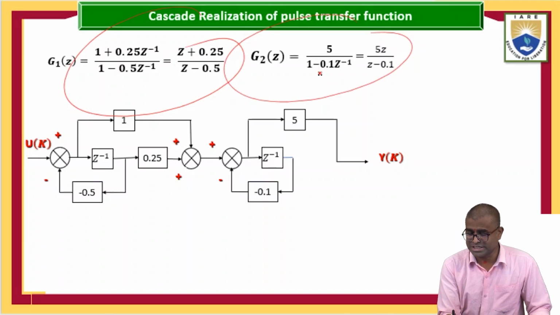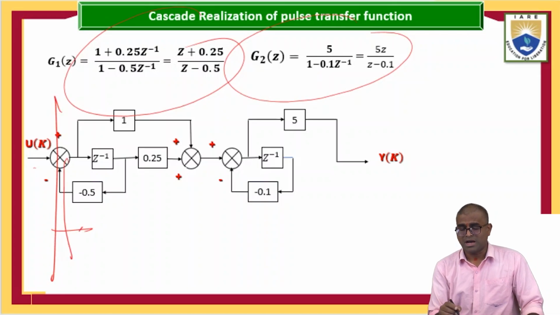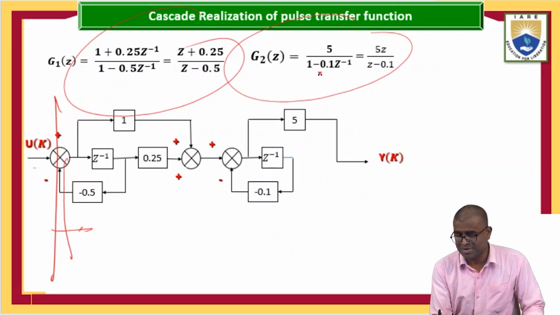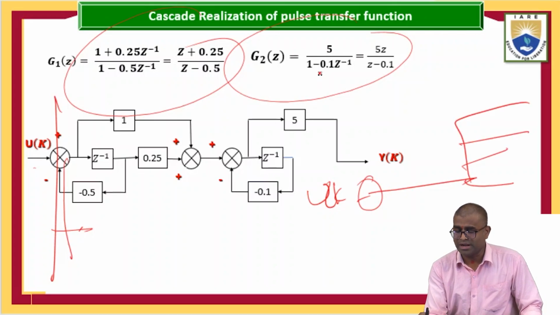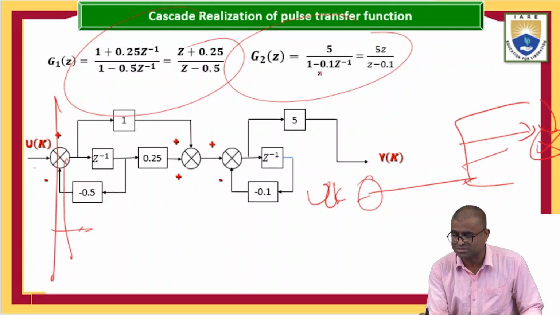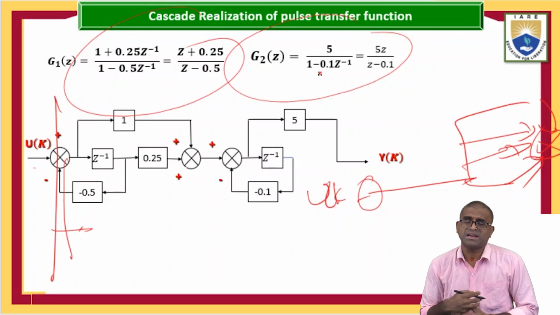For parallel, you just have to remove this summing point, make it here and bring it to the main block. After that, this part will be a parallel combination like this. So input is u of k. Again after that, it is adding the total functions. This is nothing but parallel combinations.